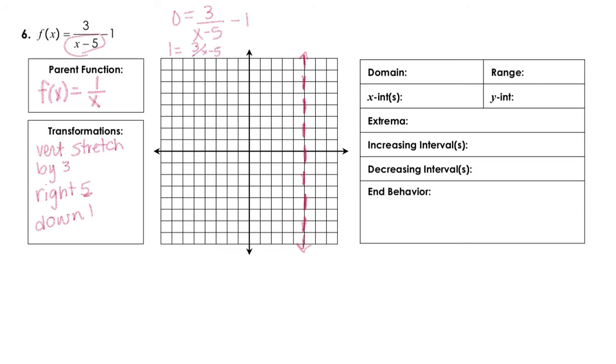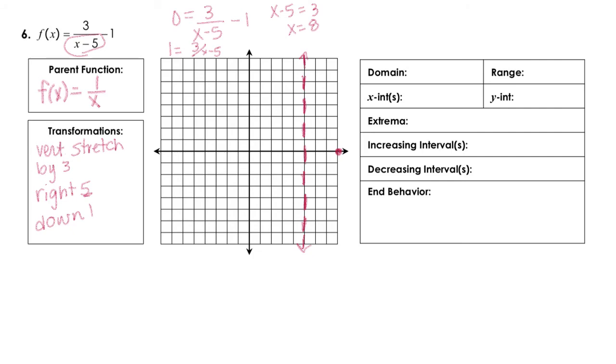And I'm going to multiply x minus 5 over to the other side. So I have x minus 5 equals 3. So x has to be 8. So I know I have the intercept way over here at 8, 0. So there was 5, 6, 7, 8, 0 right there.